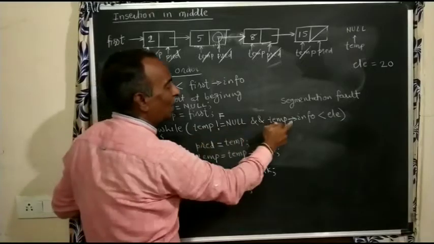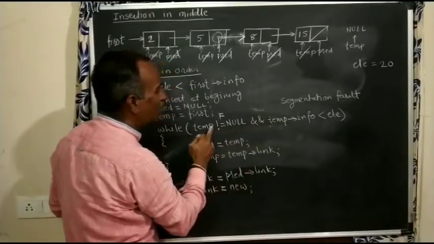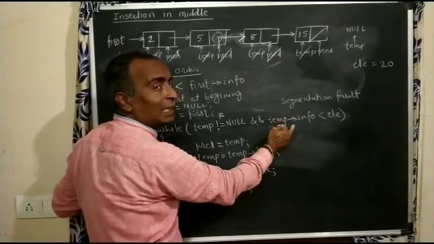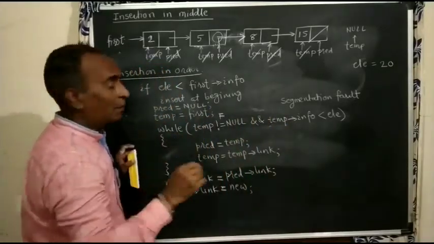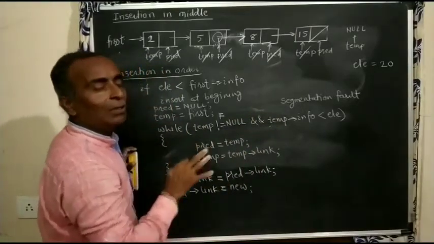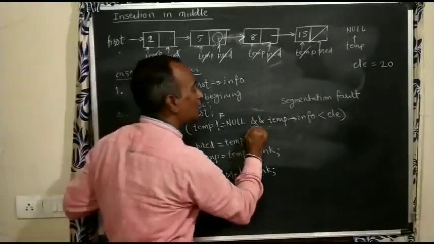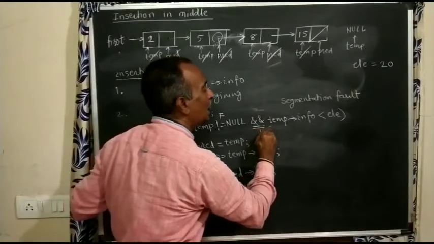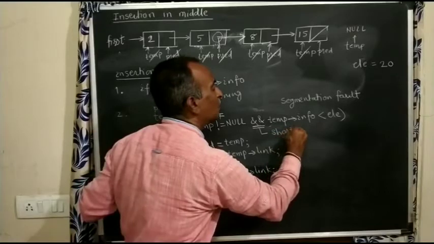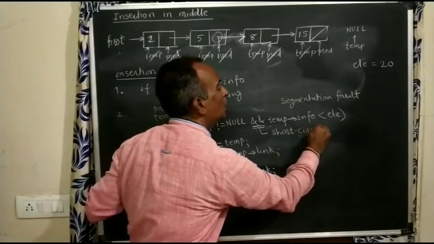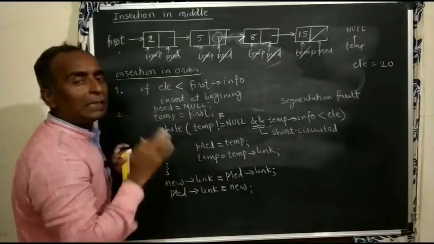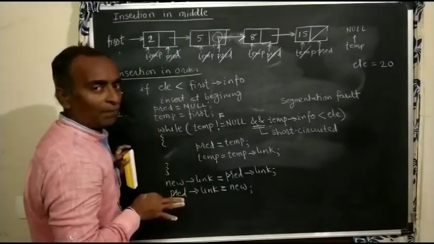Whenever you are combining two expressions with logical AND, if the first expression is false, then it will not evaluate this expression. So there won't be any segmentation fault in this case. Why? This logical AND is short circuited. You might have studied short circuited AND, short circuited OR.